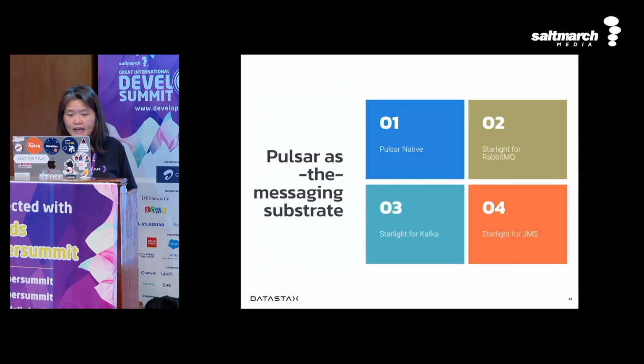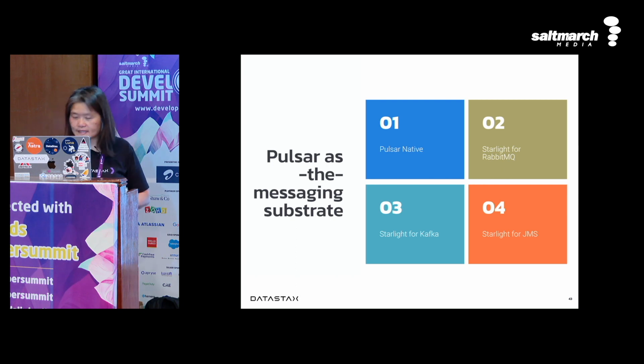Here, I already mentioned it, but just summarizing again: think of Pulsar as the messaging substrate. You can use Pulsar's native messaging, or if you need to connect to RabbitMQ, Kafka, or JMS, you can use our Starlight API layer to do that.